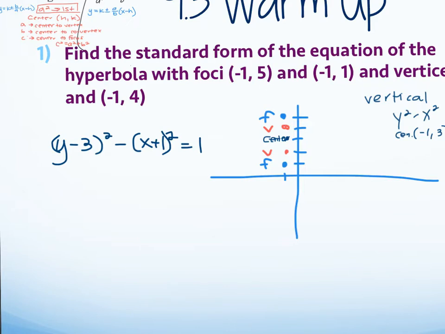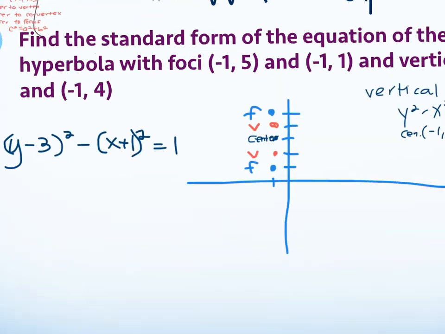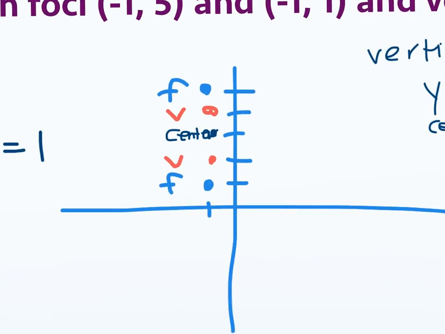All I'm missing is the a squared and the b squared, right? So we said the a squared comes from the distance from the center to the vertex. That's 1. For b, I need co-vertices. I don't have that, but what I do have is center to focus, which is c, is 2. And I know c squared equals a squared plus b squared.